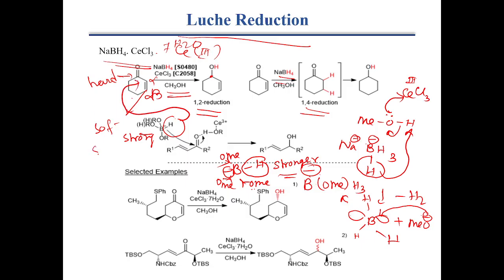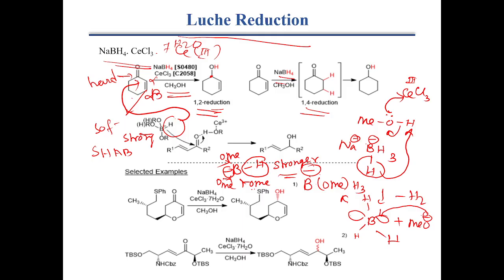So due to the HSAB principle, the hard-soft interaction, this hard nucleophile attacks the hard electrophile, the 1,2 attack, giving this secondary alcohol after 1,2 reduction. So this is the reason why Luche reduction happens through 1,2 reduction.